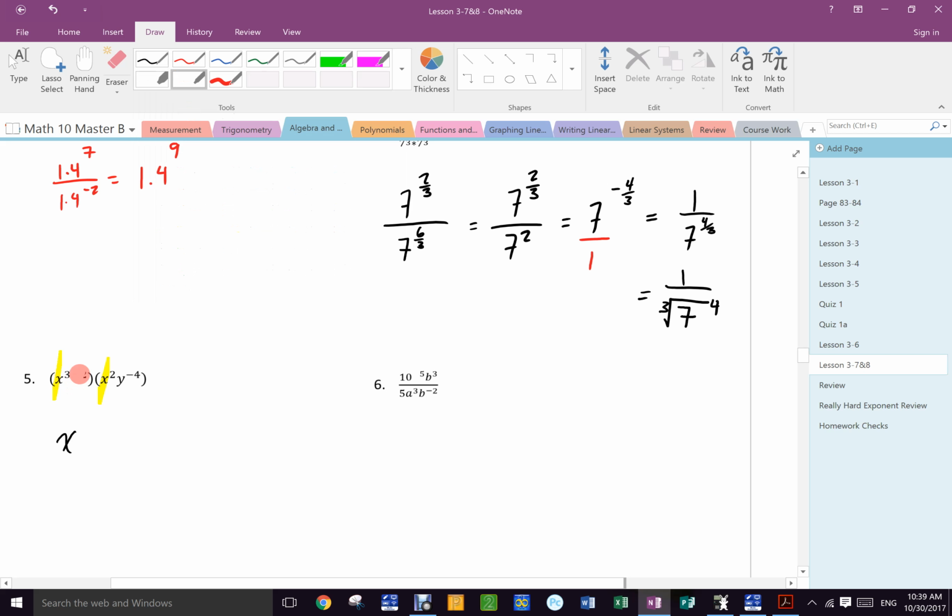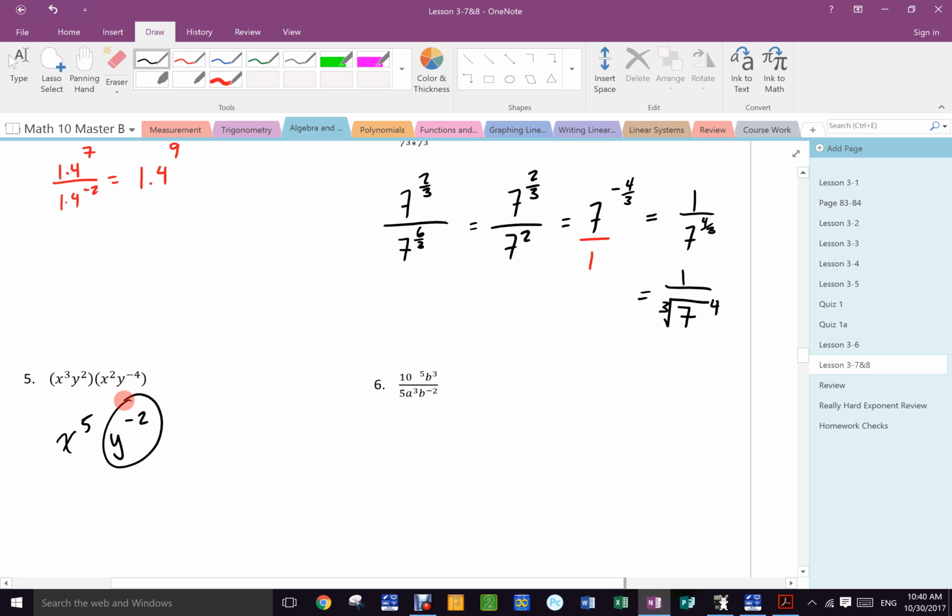If there were no y's there, I would have x to what power? 5. If there were no x's there, what would I do with the y's? Okay, so what would it be? -2. Is that allowed? What part of that is not allowed?